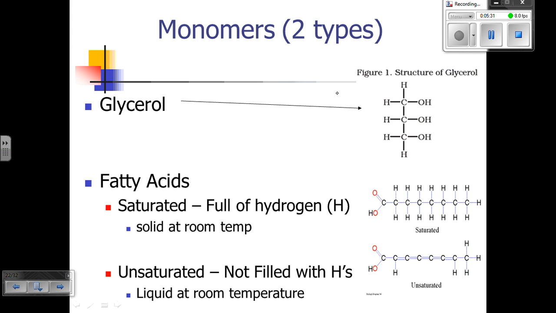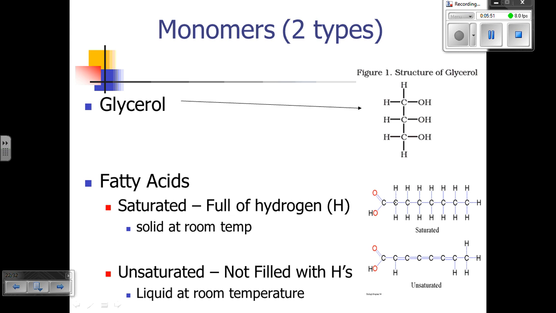The other type of monomer are called fatty acids. There are 2 different types of fatty acids. You have saturated fatty acids, which means that they are saturated or full of hydrogens.